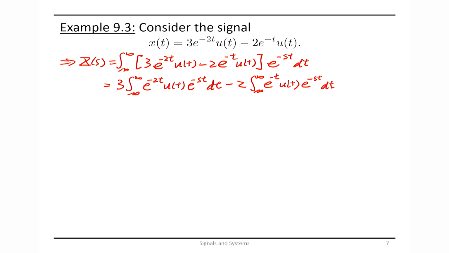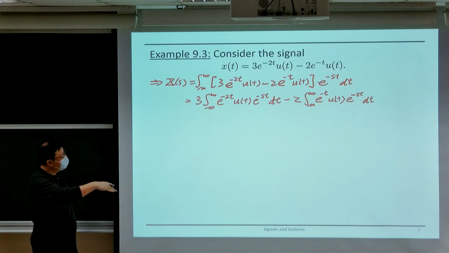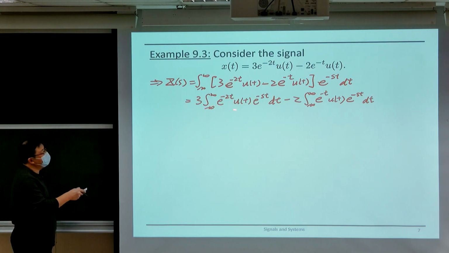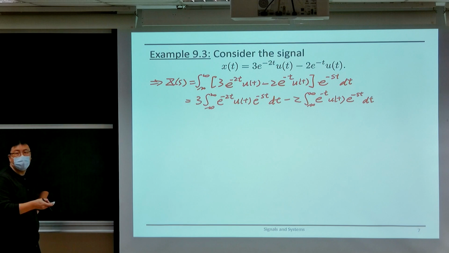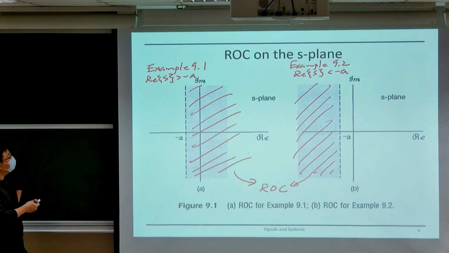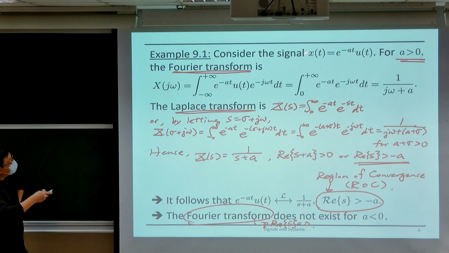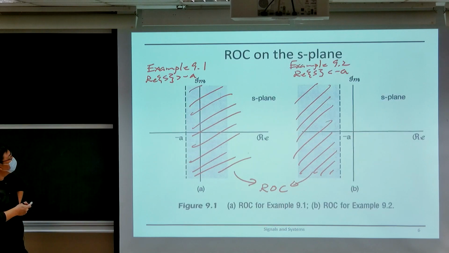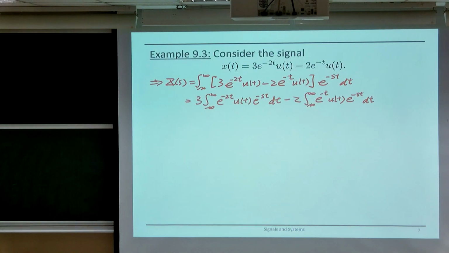So this is the Laplace transform of a right-sided decaying exponential, and this is the Laplace transform of another right-sided decaying exponential. Both of these Laplace transforms fit the form in example 9.1, so we know the Laplace transform for each one.